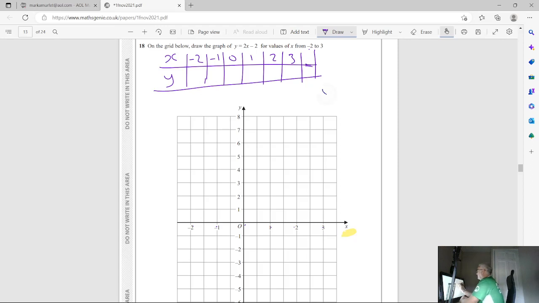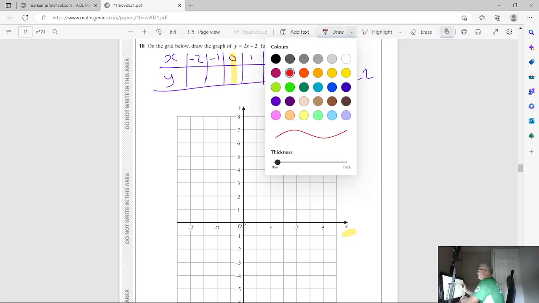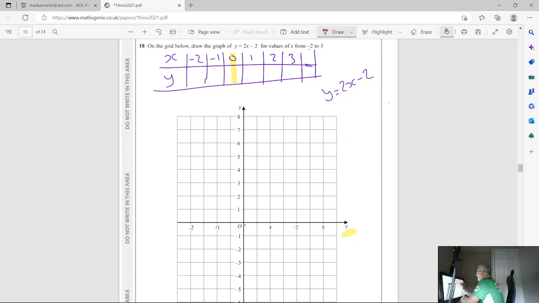So here's my equation, 2x minus 2. Now, my advice is always start at 0 because that's your easiest one to do. Because when x equals 0, 2 times 0 is 0. Take away 2 just gives you minus 2. So that's your y-intercept. So when x equals 0, y equals -2.